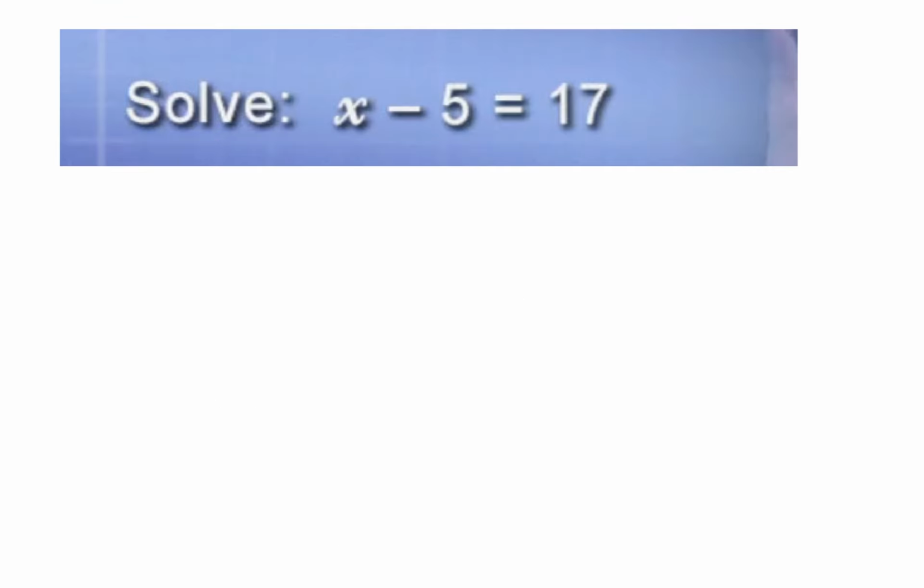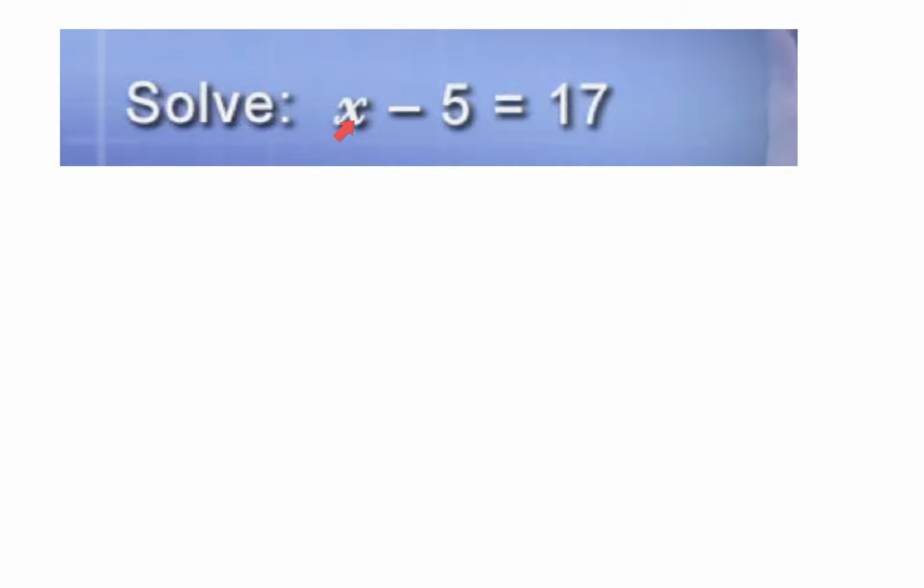Now we have to solve this equation. We need to find the x that, when I subtract 5, I obtain 17. Well, if I plug in 20, 20 minus 5 will be 15. No. If I plug in 21, 21 minus 5 will be 16, but 16 is not 17, so it will not work.